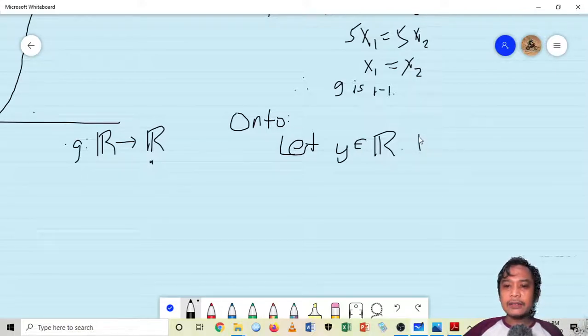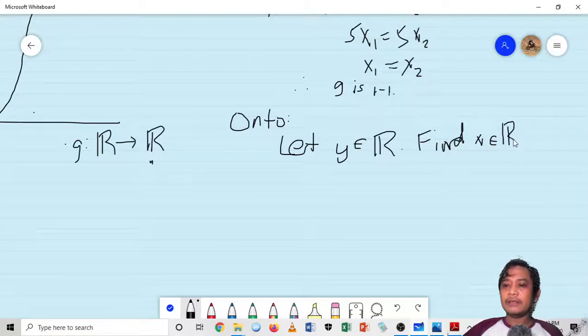So we'll try to find a number X, and it should be in the domain. What again is the domain? R, real numbers.